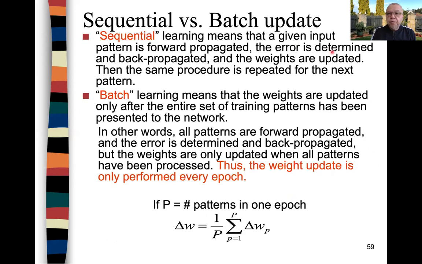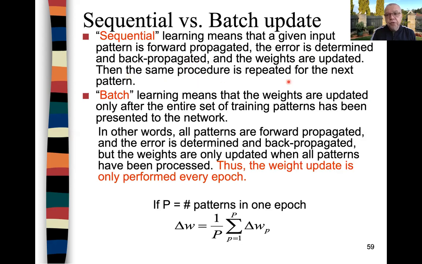There are two ways of training using backpropagation. The first one is the sequential mode, and the second one is the batch mode. In the sequential mode, a given input pattern is forward propagated, just like what we've shown before. You determine the error, you backpropagate that error, and then you update the weights.